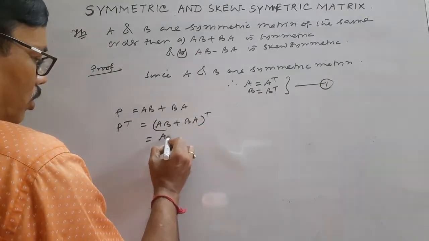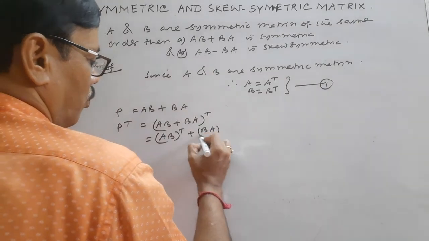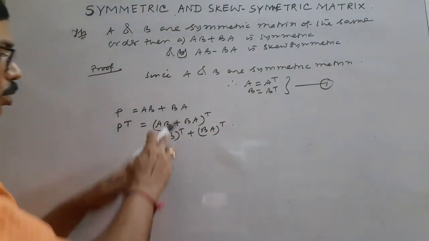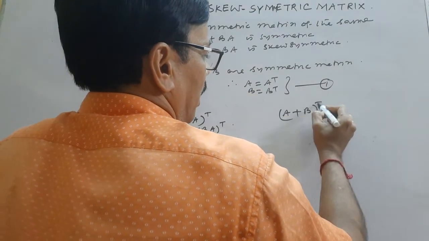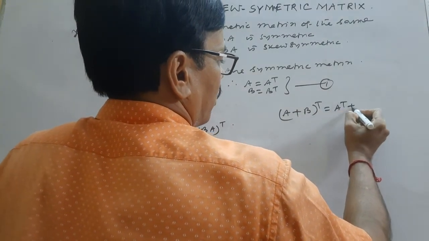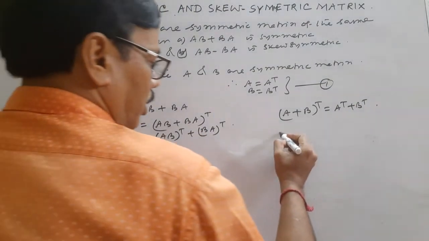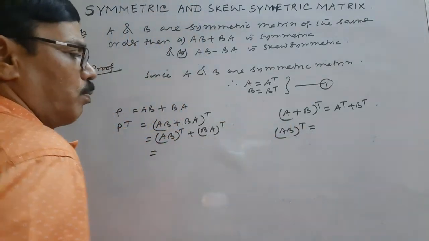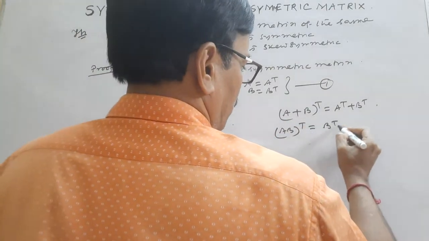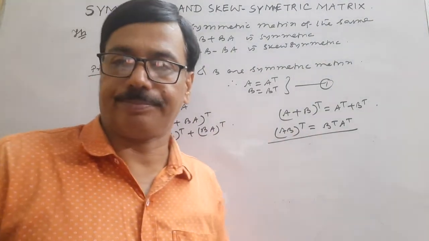Now this is AB transpose plus BA transpose, since the transpose of A plus B is A transpose plus B transpose. Now the second result, the transpose of a product of matrices, is in reverse order.